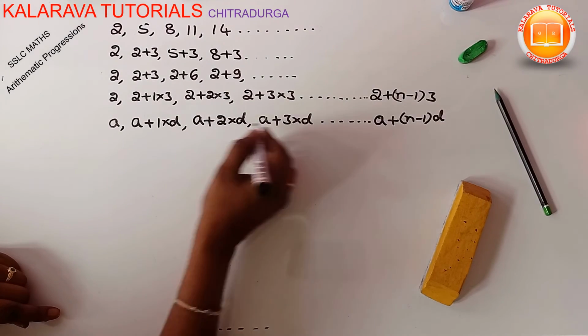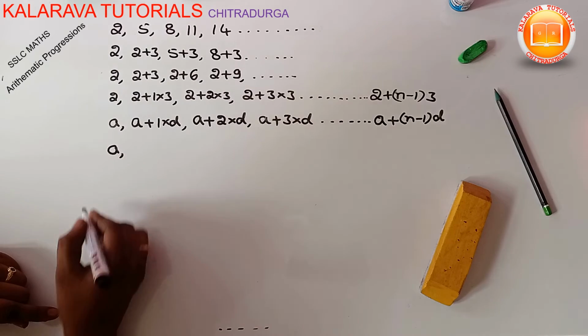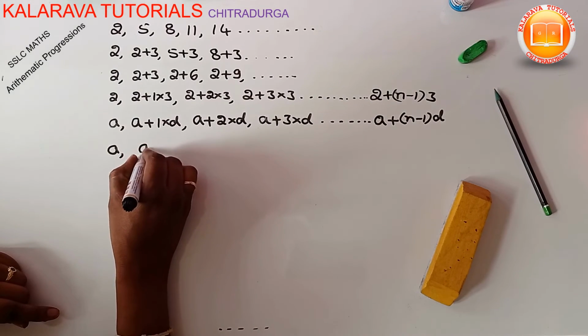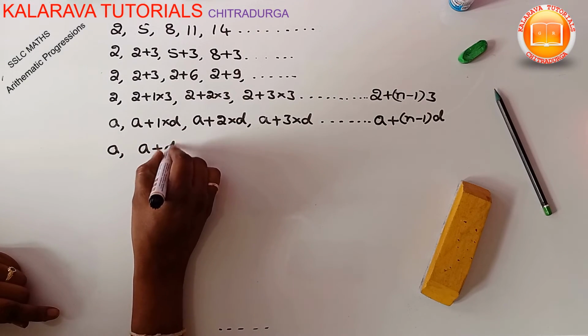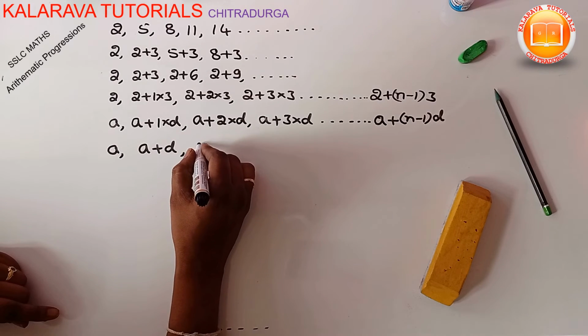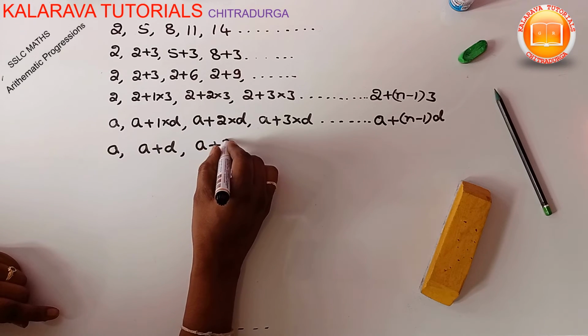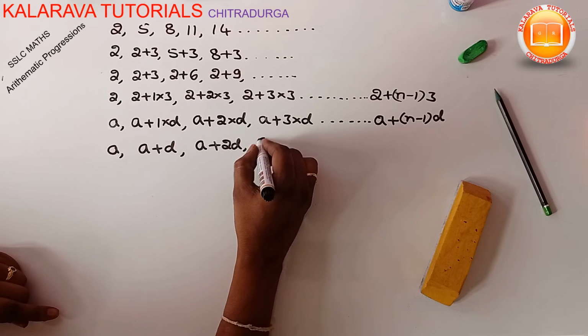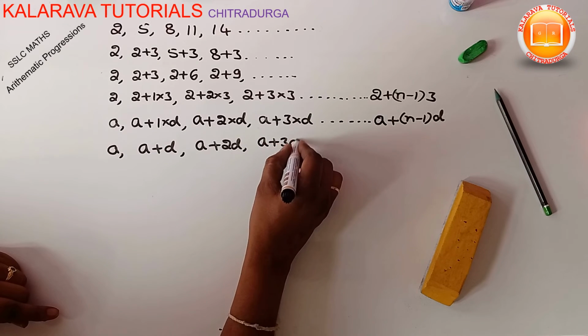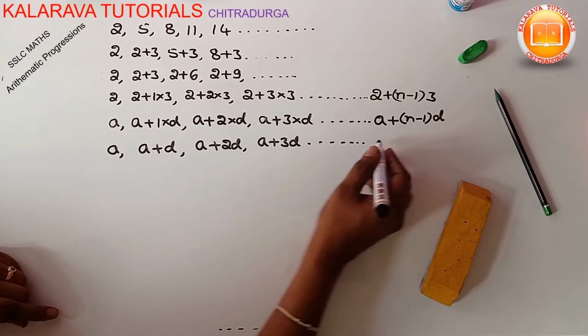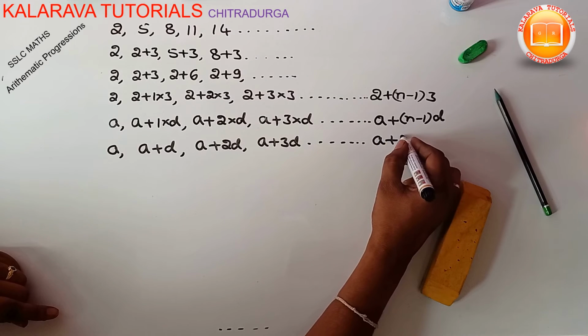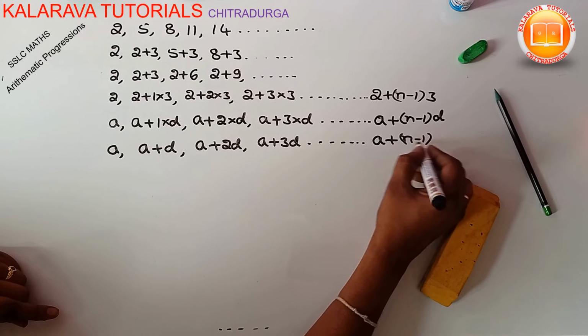Simplifying, the first term is a, the second term is a plus 1d, the third term is a plus 2d, the fourth term is a plus 3d, and so on, and the last term is a plus n minus 1 into d.